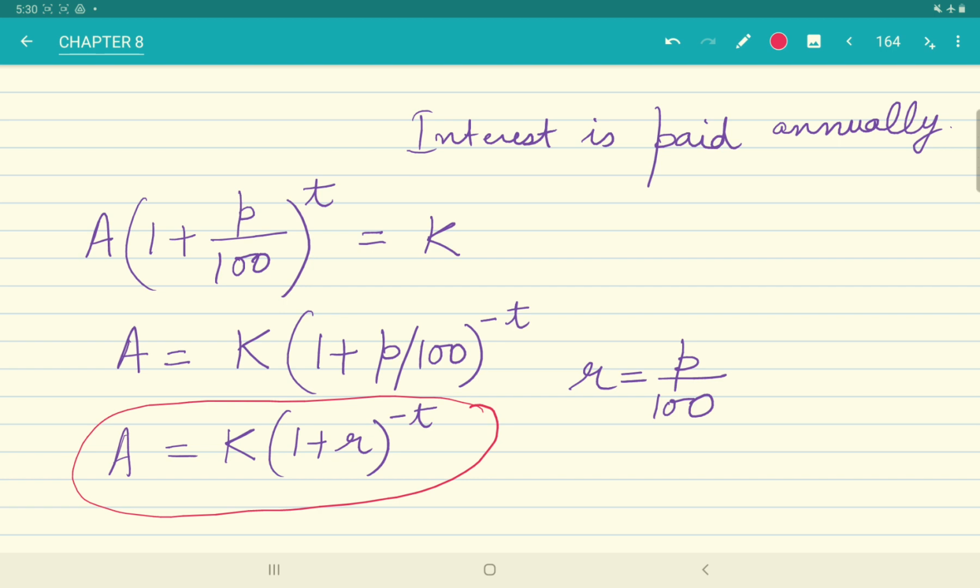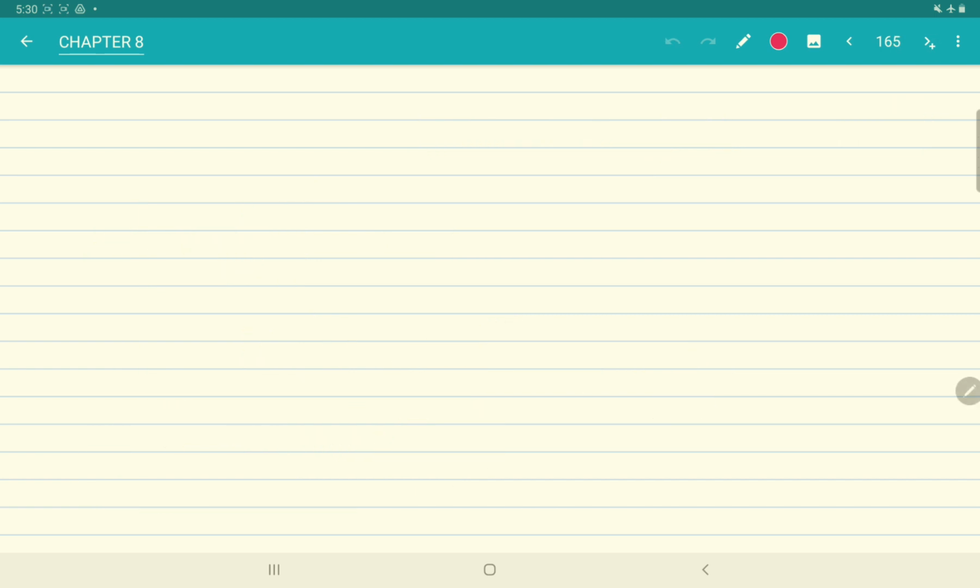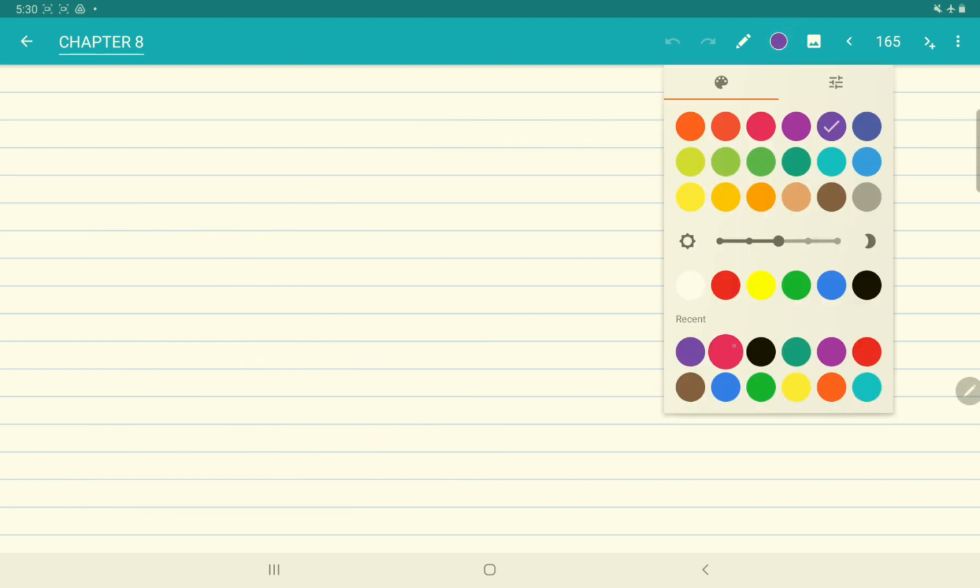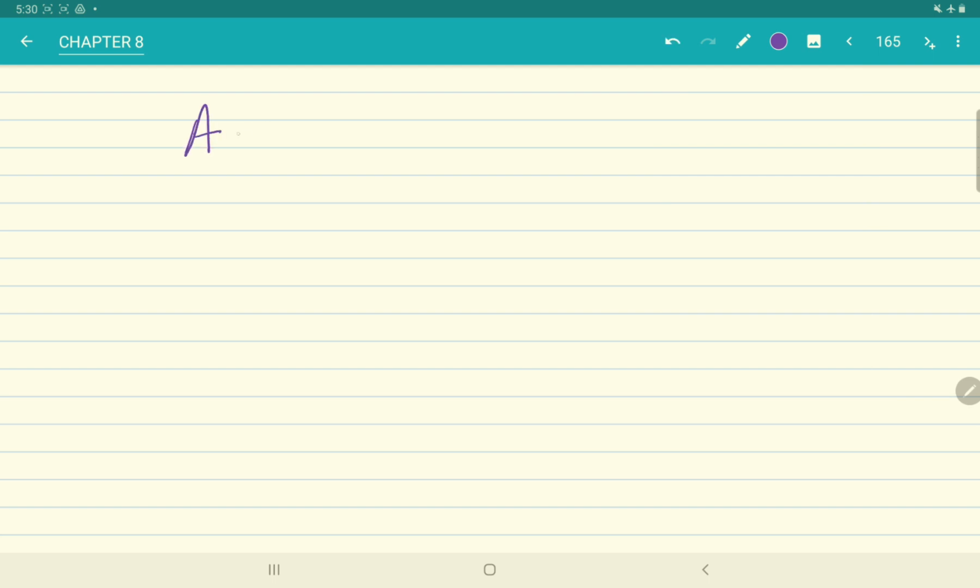Then if I deposit A right now, that initial deposit A would increase after t years to A e raised to the power rt, when the interest is compounded continuously.